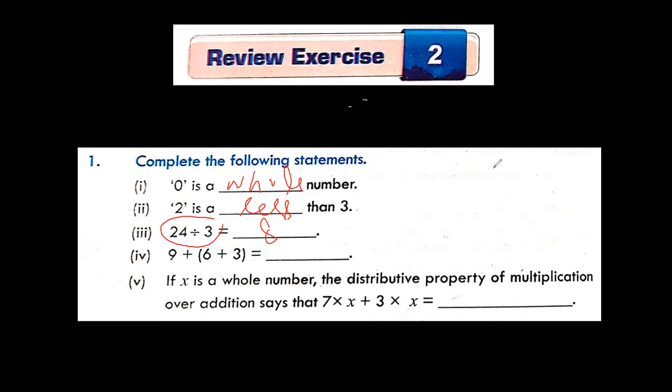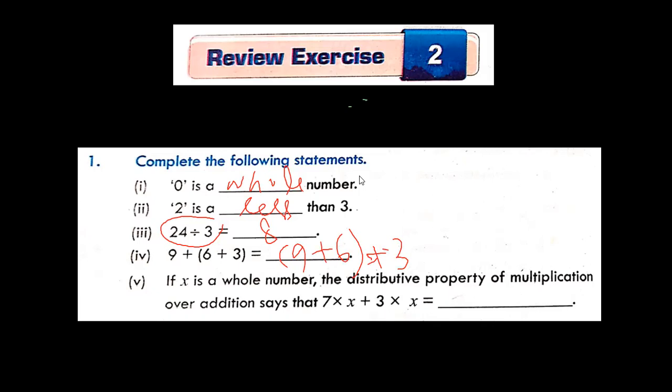This is the associative property. 9 plus 6, then bracket close, and then plus 3. It is the same, but the bracket changes its place. Okay, got it? Yes, sir.